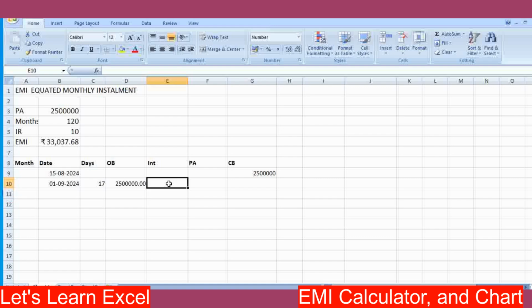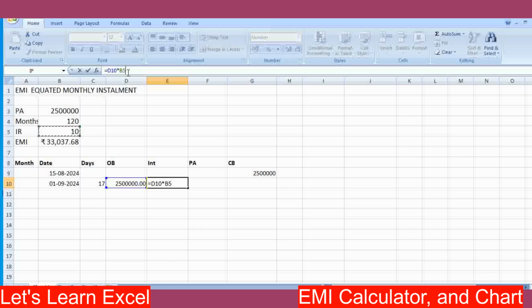Now how to calculate interest? Interest will be on this opening balance into what is the rate of interest? This is 10. Now suppose if we use this B5, this is also called a relative reference.